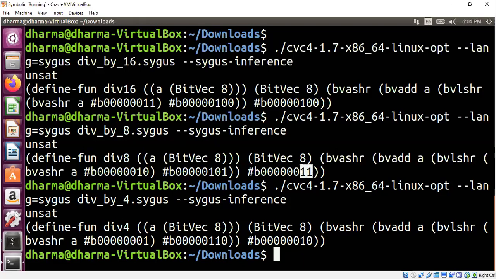So that's basically the idea. One moment, let me clarify. Yeah, I think we're okay. So we have division by 4 here, and we are actually shifting it by 2. We can easily generalize this behavior for any number k.